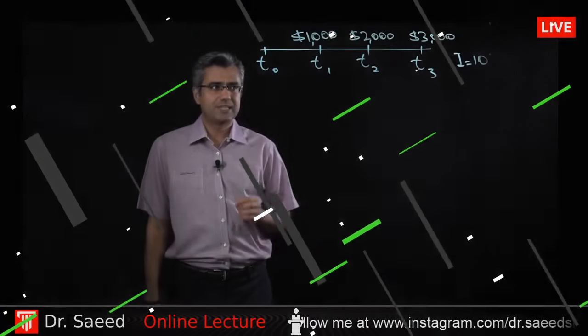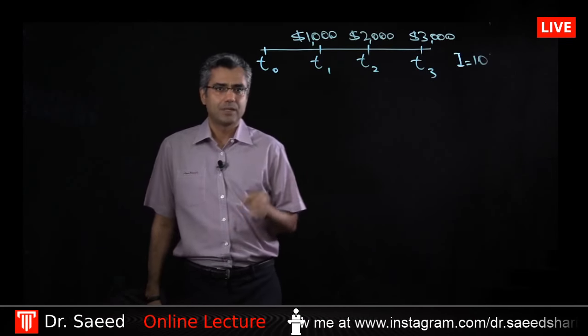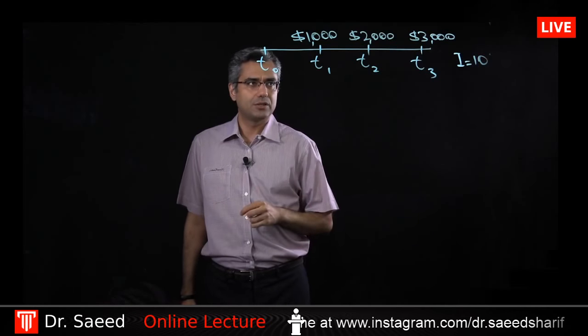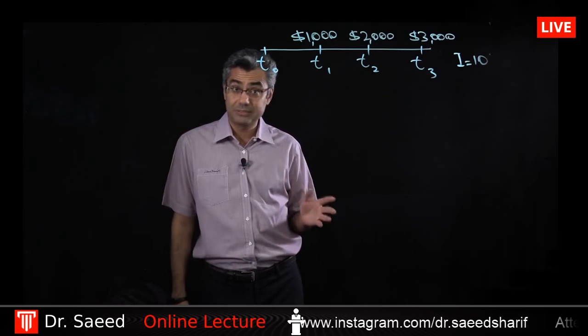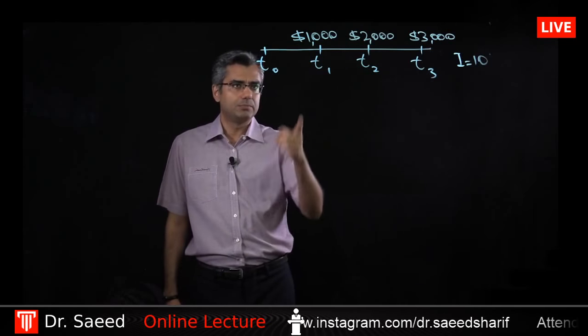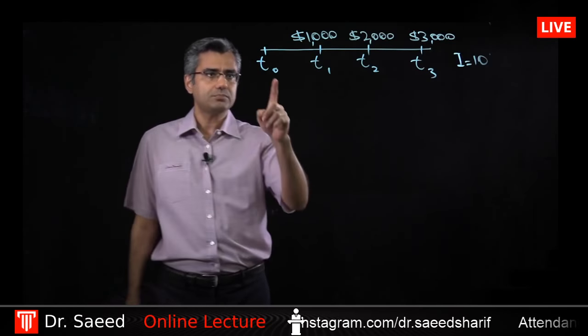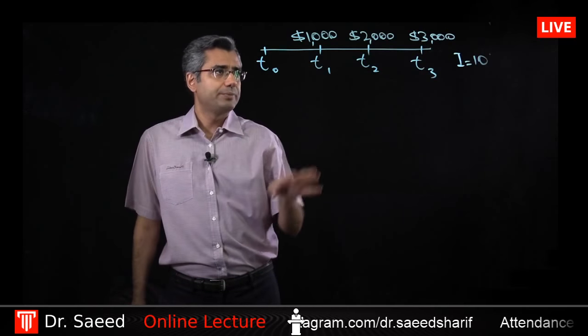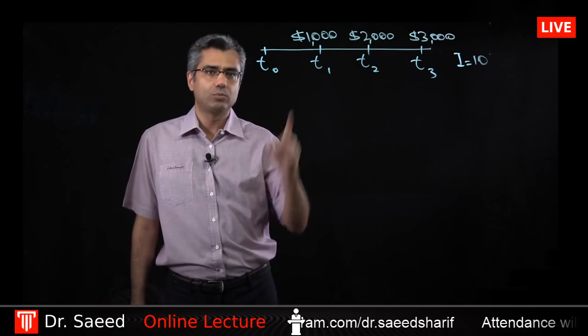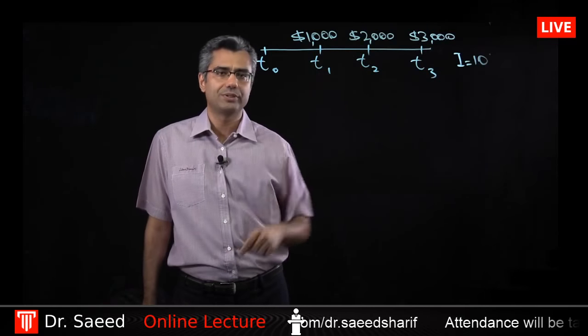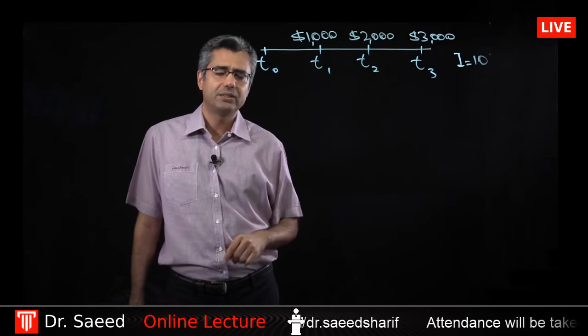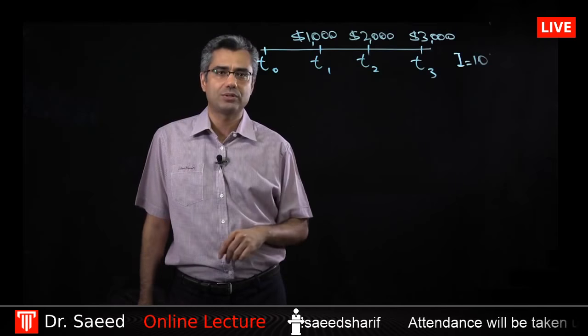So far, the examples that we have seen were based on one cash flow. Now, what if we have multiple cash flows? Look at this example. Assume that next year you will receive $1,000. At the end of year 2, you will receive $2,000. And at the end of year 3, you will receive $3,000.